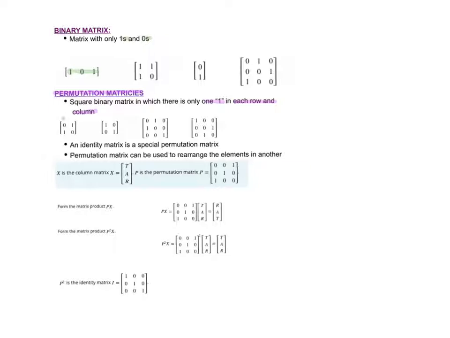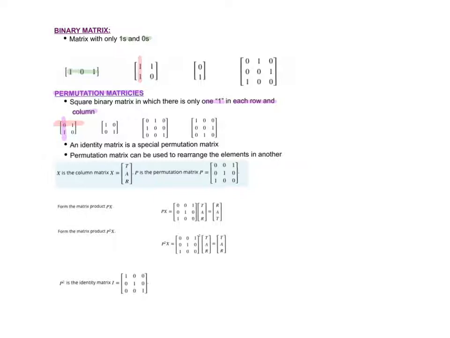If I look at this column, there's only 1, and if I look at, say, this row, there's only 1. So that's what makes it a little bit different to a permutation matrix. If you look up here in just a binary, up here there's more than 1 in that column. So it's a binary matrix, but not a permutation matrix.